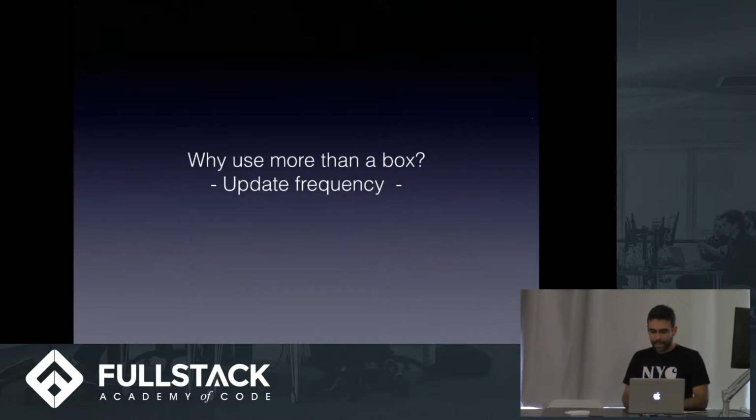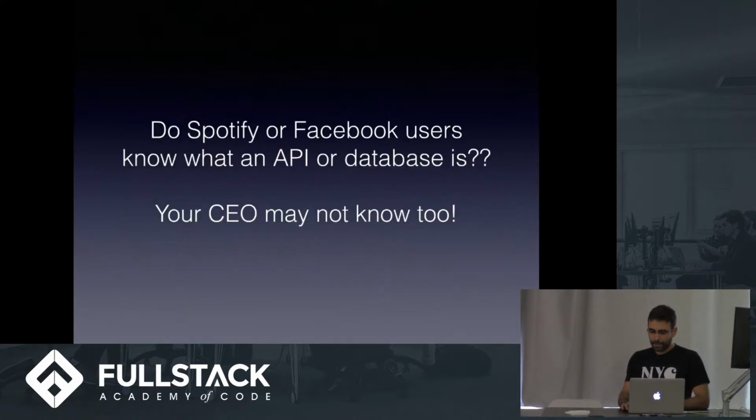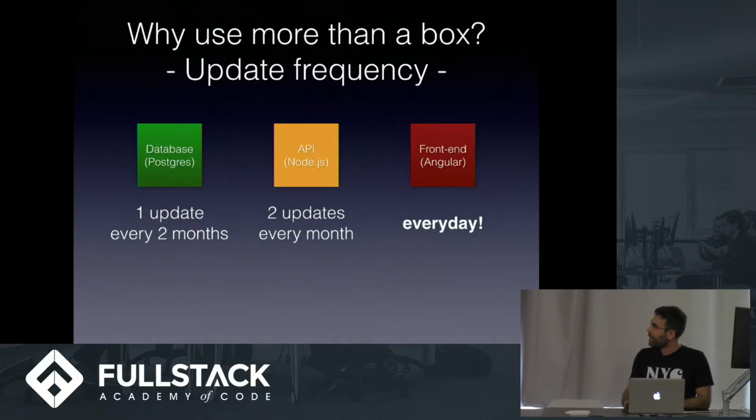And then another use case is update frequency. In an app that is running in production, we would probably have different update cycles, because Spotify and Facebook users don't actually know what an API and a database are, and maybe your CEO may not know either.